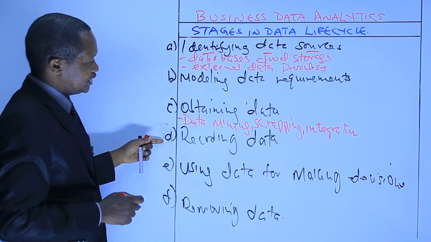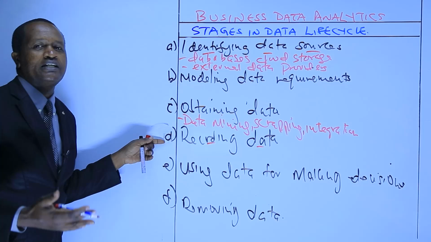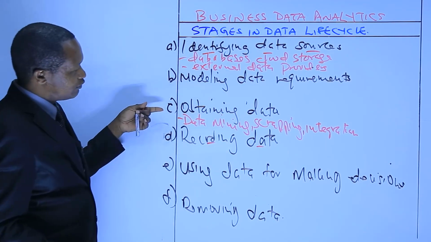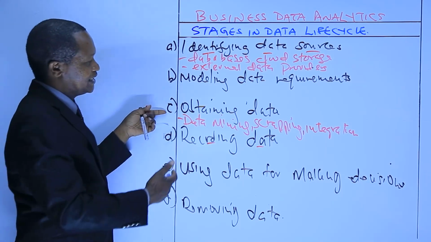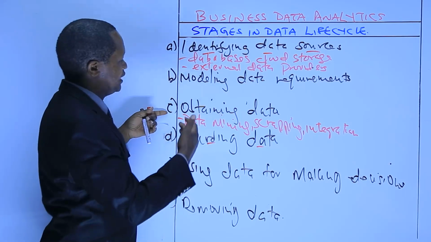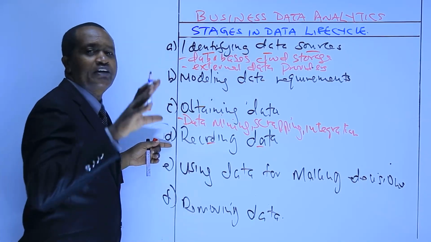Then the fourth stage is recording data. This stage involves the recording of the acquired data in the third stage. The data that is acquired in the third stage, in the fourth stage, that data is then recorded.